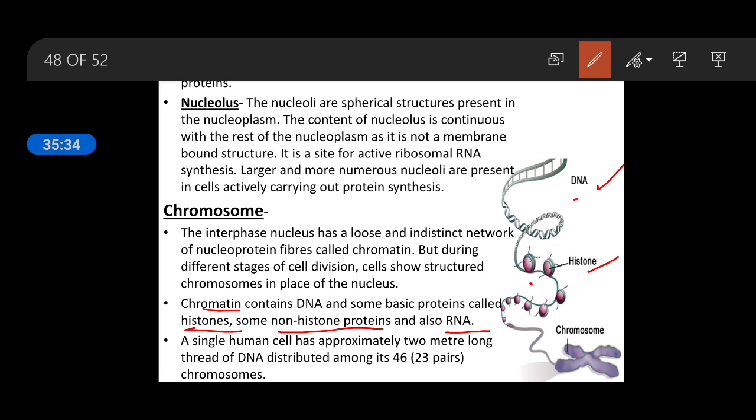And when it undergoes excess coiling, known as supercoiling, it will form the chromosome. In very detail we will discuss in 12th class how this chromosome forms from the DNA. So the chromosome is actually the very much coiled form of the DNA, and this coiling is helped by proteins like histone, non-histone, and RNA.